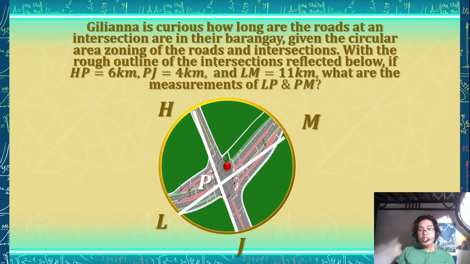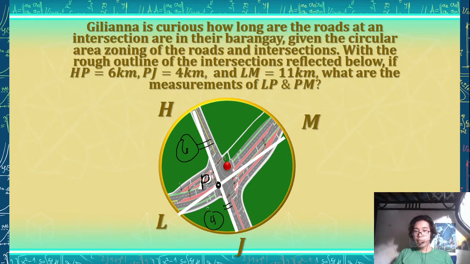Let's try this first problem. Juliana is curious how long are the roads at an intersection in their barangay, given the circular area zoning of the roads of the intersections. With the rough outline of the intersections reflected below, if HP, this line segment over here, is equal to 6 km, and PJ is equal to 4 kilometers.